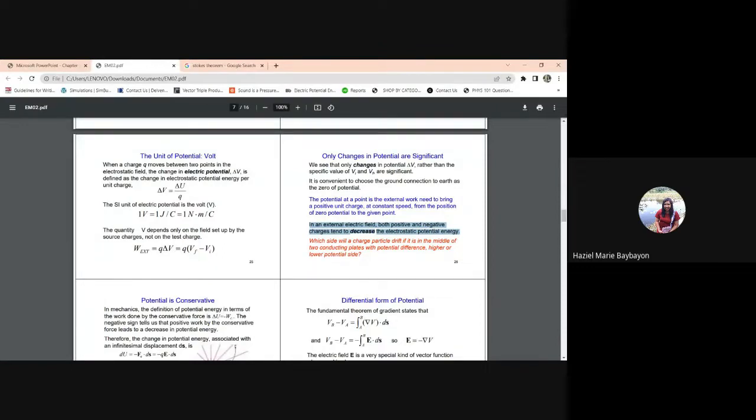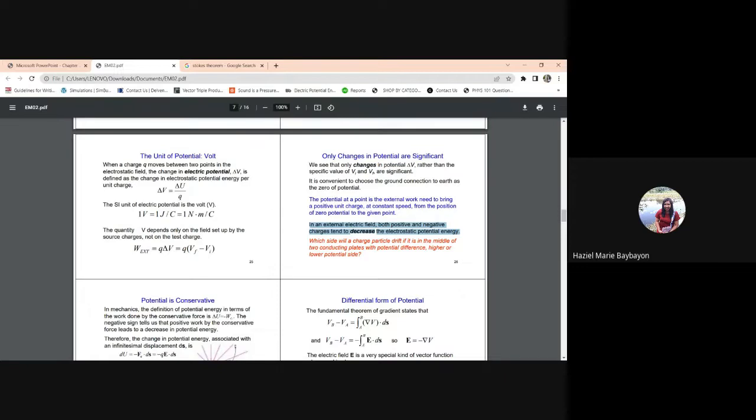Okay, so which side will a charged particle drift if it is in the middle of two conducting plates with potential difference? So higher or lower potential side? So we have here a question. So for example, naa kay duha ka conducting plates, and then naa kay charged particle.